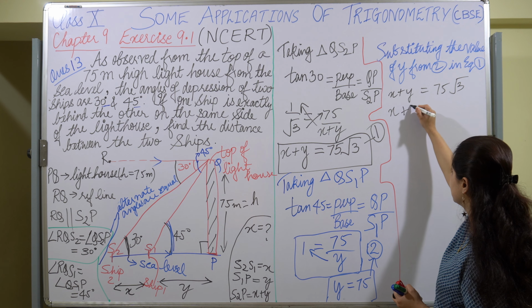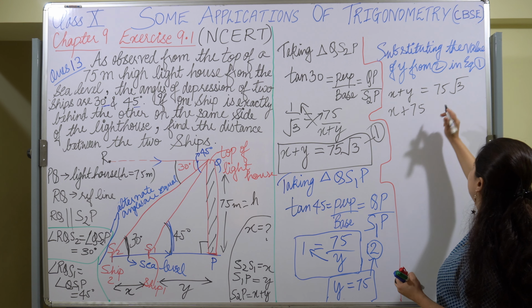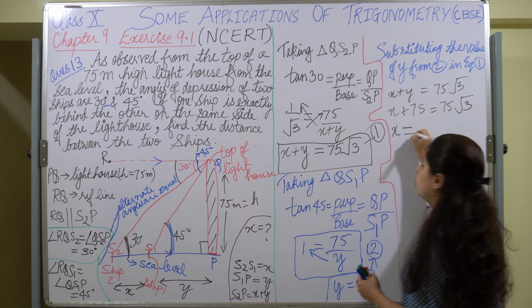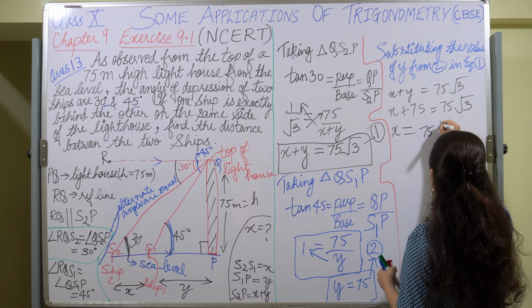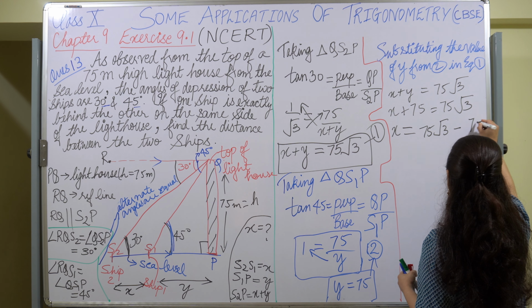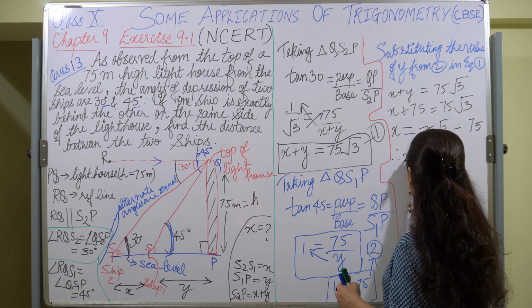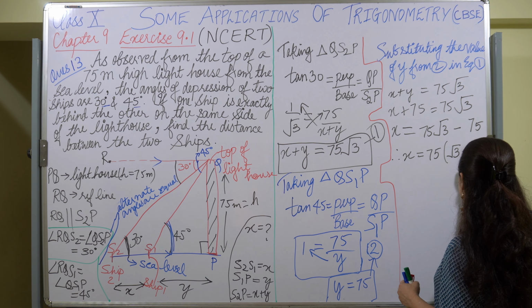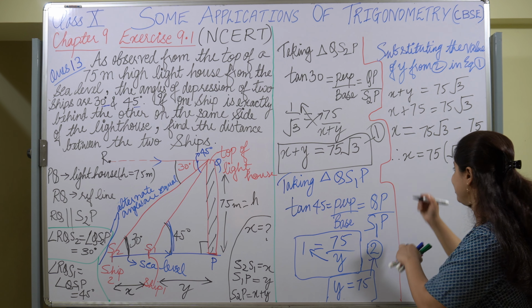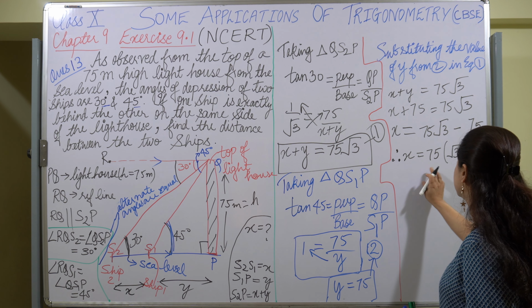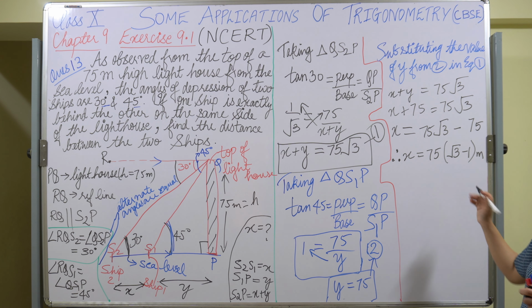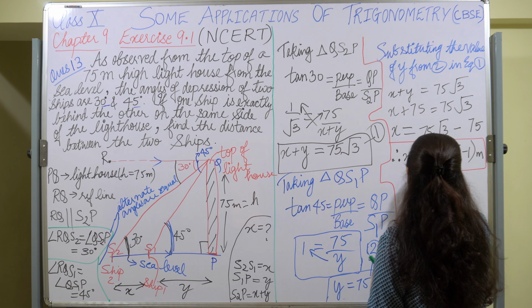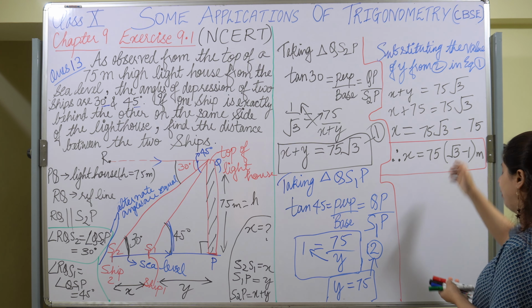So x plus 75 is equal to 75 root 3, and my x will be equal to 75 root 3 minus 75. Taking 75 common, I get 75 times root 3 minus 1 meters. So the distance between the two ships is 75 times root 3 minus 1 meters. This is the answer given at the back, but we can also solve it numerically.